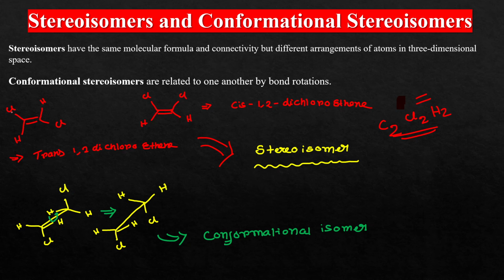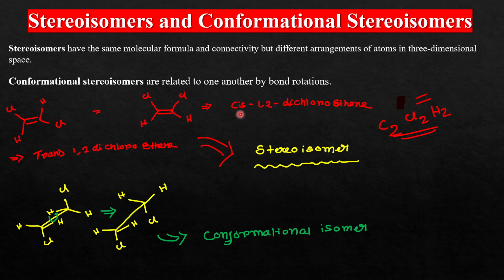The carbon is connected to chlorine, and here the carbon is also connected to chlorine, but the main difference between these two molecules is the arrangement of the atoms in three-dimensional space. You can see that the arrangement of the chlorine atoms is different in trans and in cis, and that's why they are called stereoisomers.